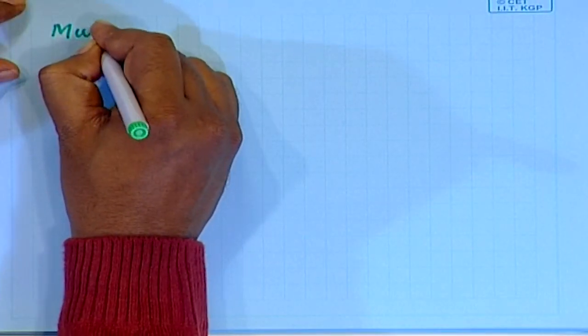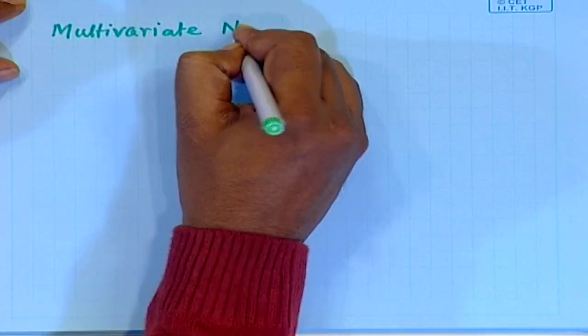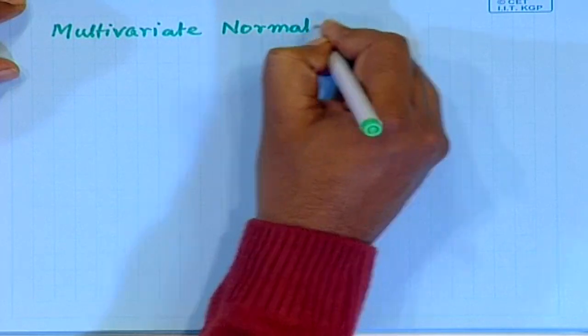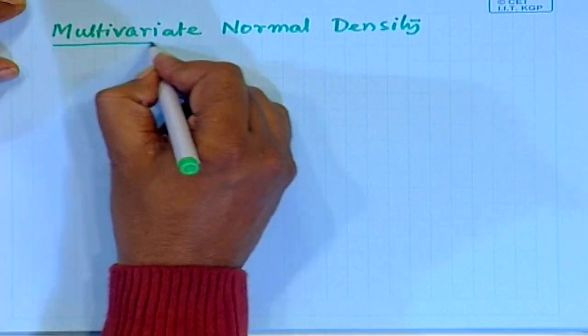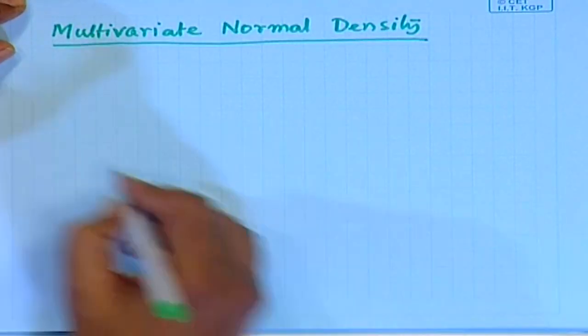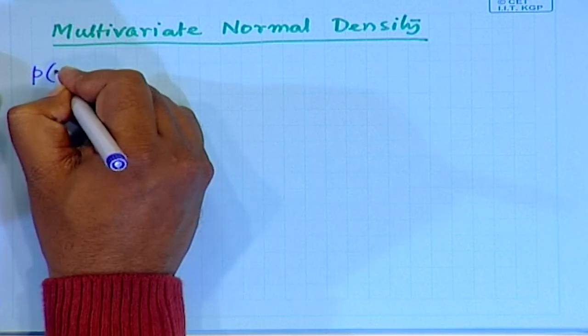So let us see what that multivariate normal density is. Here, instead of a single feature x, we have a feature vector, and the feature vector we again denote as x, but instead of writing in lowercase x, we write in capital X.